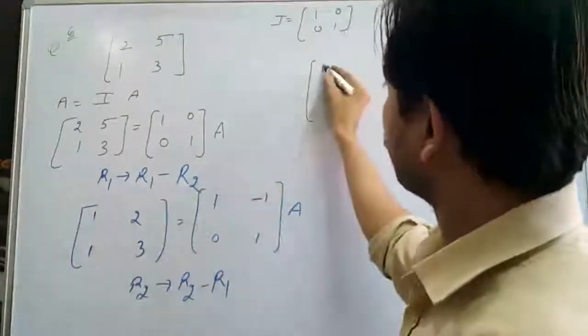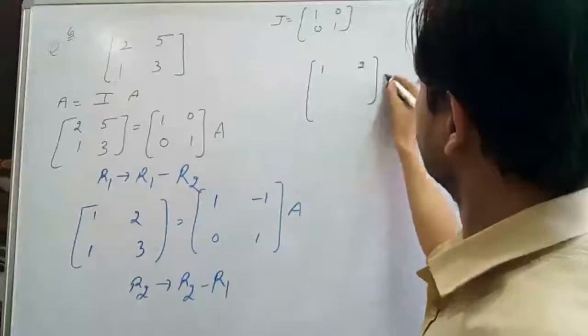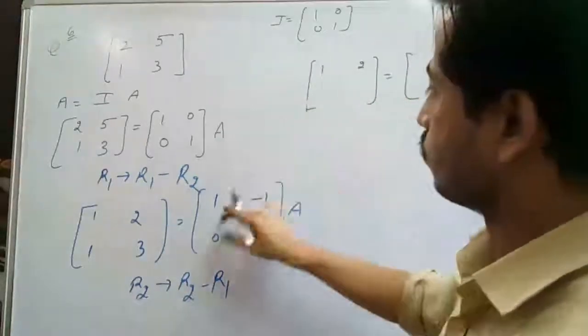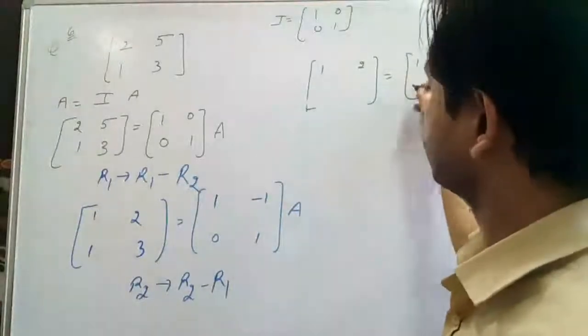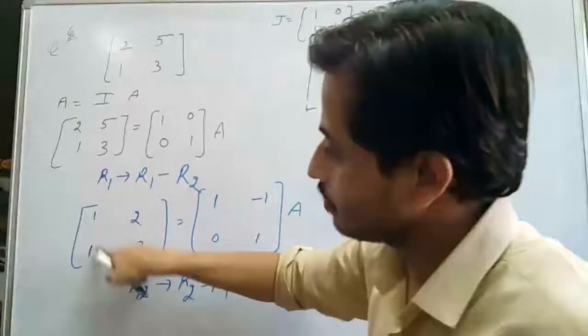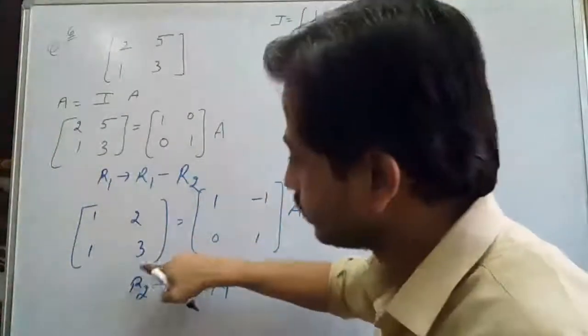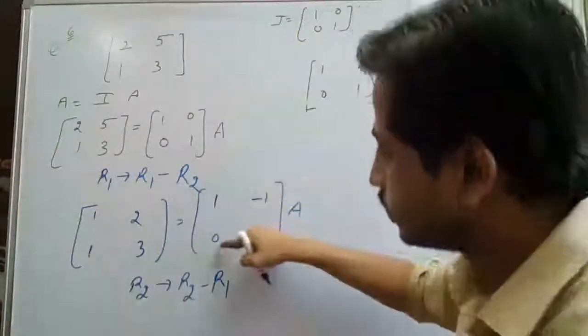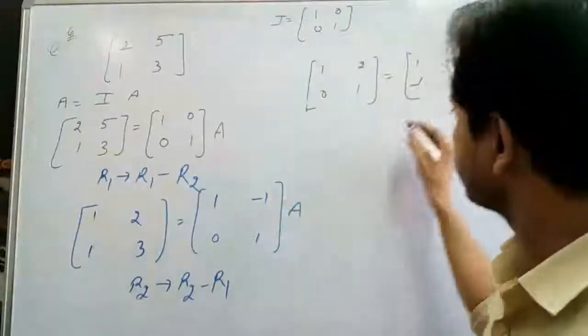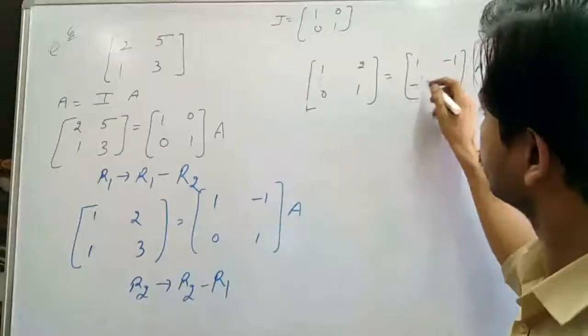R1 is 1, 2, 1, minus 1. Now solve it. 1 minus 1, 0. 3 minus 2, 1. 0 minus 1, minus 1. 1 minus minus 1, we get 2.